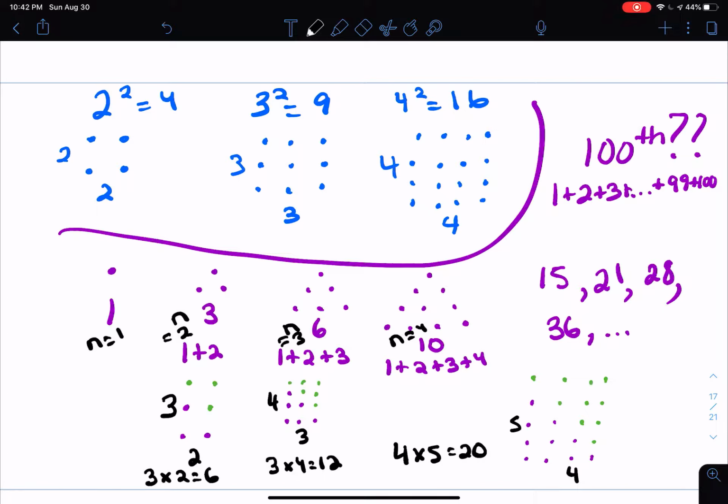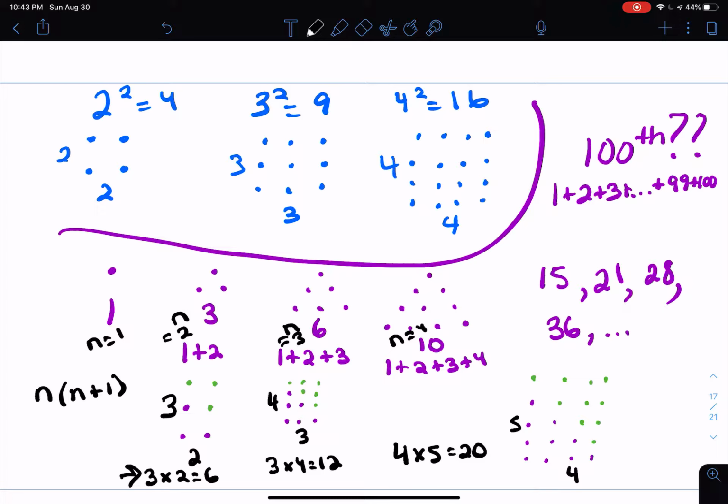Notice that in the second triangle, we have 2 times 3 is 6. Well, that's like having n times n plus 1. In the next triangle, we have 3 times 4. That's like having n times n plus 1, 3 times 3 plus 1. Fourth triangle, we have 4 times 5 when we did the little rectangle thing. So n times n plus 1.